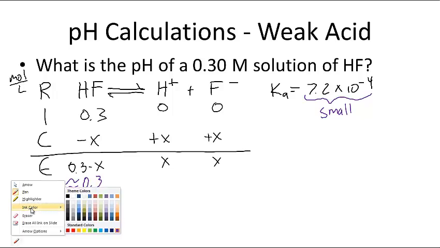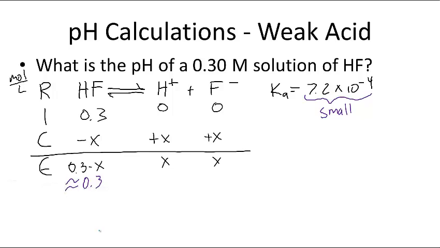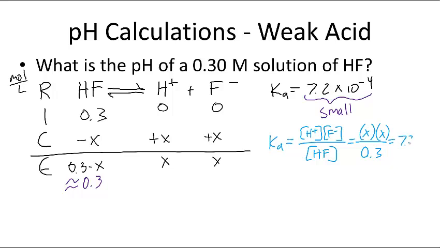So now the math becomes, well, I know Ka equals concentration of H plus times concentration of F minus divided by concentration of HF. So that's X times X divided by 0.3, equals 7.2 times 10 to the negative fourth.